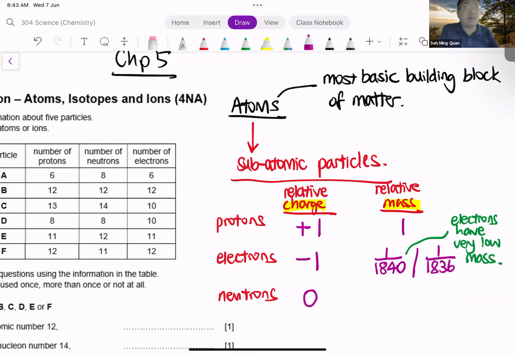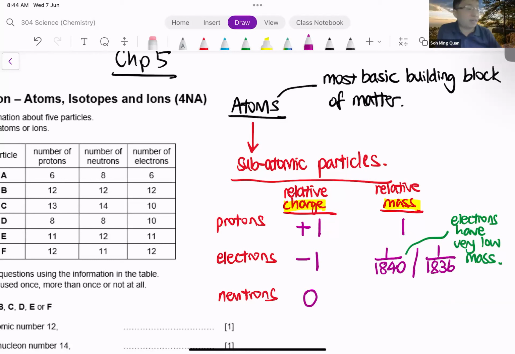You see, I use the words compared to. That's the meaning of the word relative. Relative means comparing. Finally, we have neutrons. Neutrons also have a relative mass of 1. What that means is that neutrons and protons have the same mass. So just based on this, you can easily predict already.